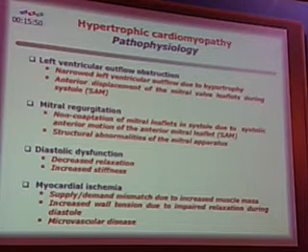We have also in many of these patients a degree of mitral regurgitation, diastolic dysfunction, and myocardial ischemia. And very often the problem is, of course, the development of atrial or ventricular arrhythmias, like atrial fibrillation, especially because of the diastolic dysfunction.